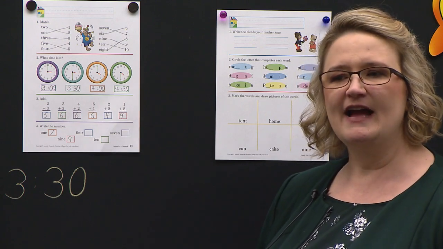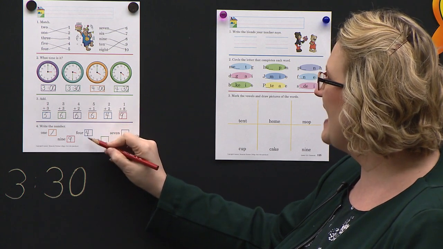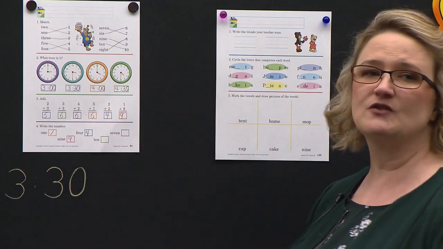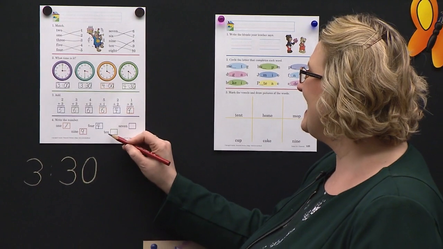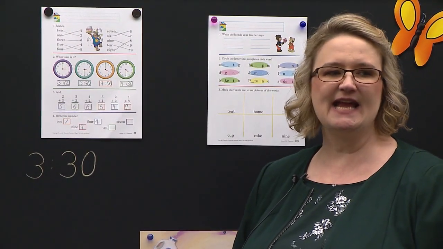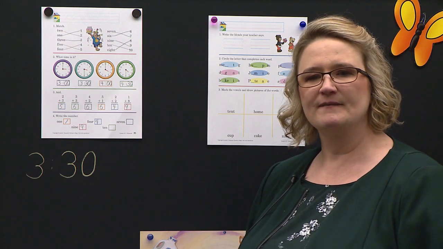F-O-U-R. 4. It is the number 4. Put 4 there. And let's say it. 4. F-O-U-R, 4. Now don't tell me the next one. Go to green. T-E-N. Write the number. What did you write, Olivia? 10.